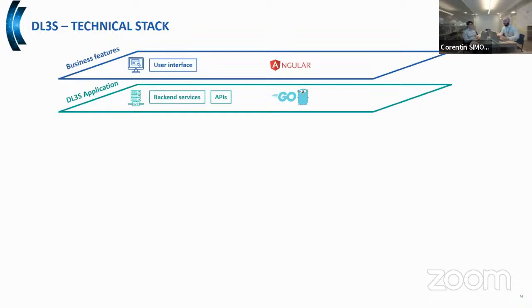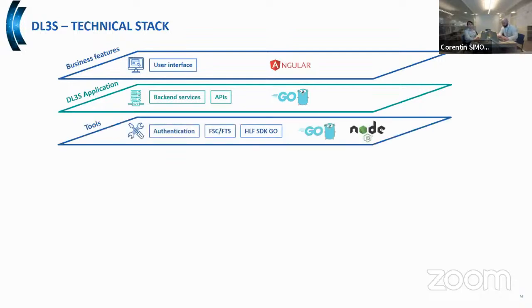All those things are built in Golang. We also have a classical authentication stack for managing the users of the application, storing their credentials and managing their rights on the application.